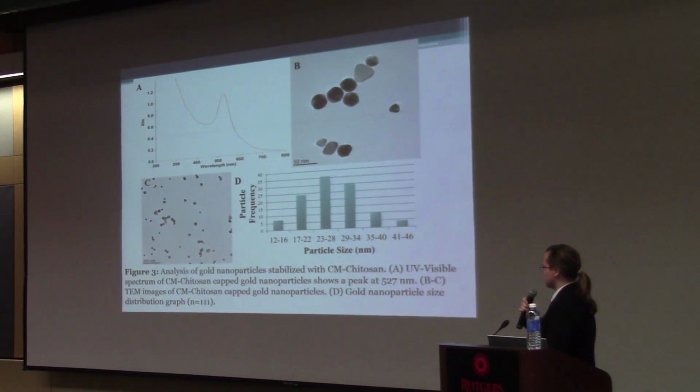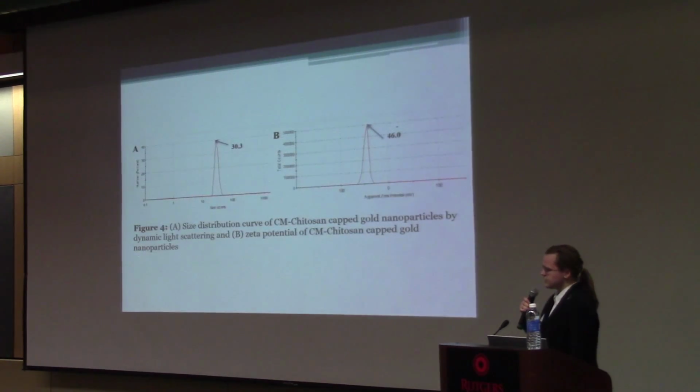I then looked at the particle size. I used ImageJ software and sampled 111 gold nanoparticles, and found the highest frequency to be from 23 to 34 nanometers. The mean size was calculated to be 27.7 nanometers. I then used a zeta sizer to look at the size distribution curve of the gold nanoparticles. The peak was found to be at 30.3 nanometers, again very similar to what was found before.